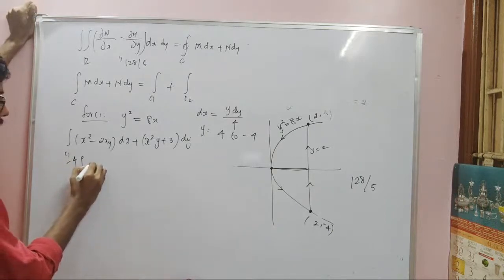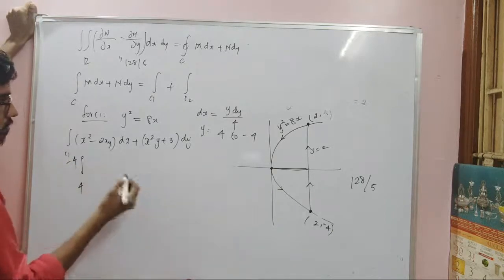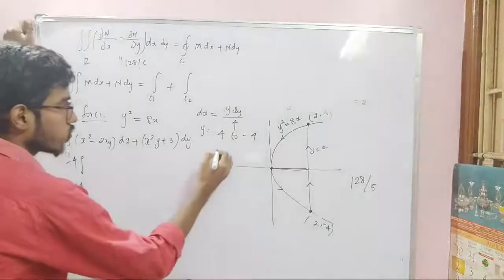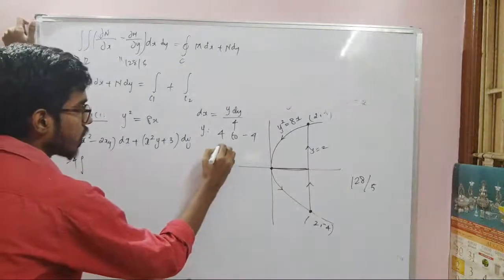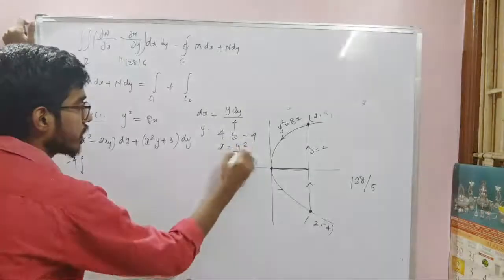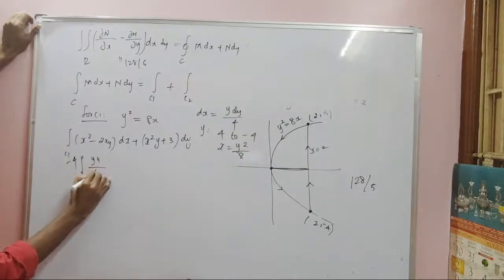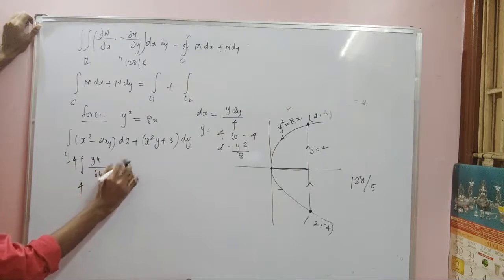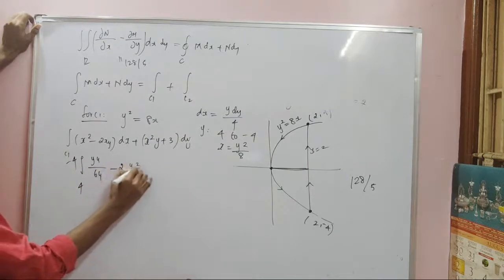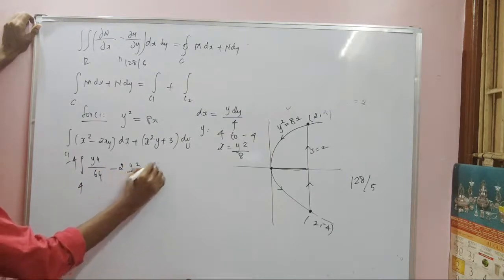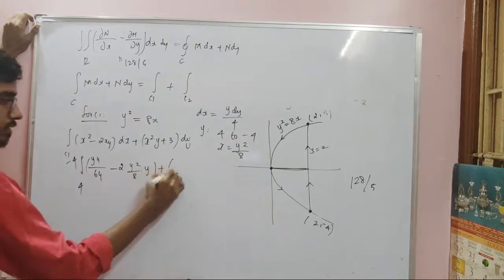So I need to replace everything in terms of y. x is y square by 8, so x square will be y power 4 by 64, minus 2x, and x is again y square by 8, into y, plus x square.